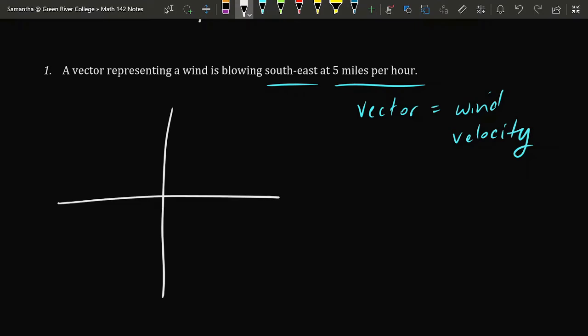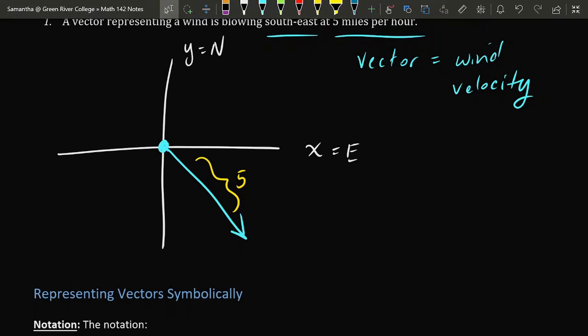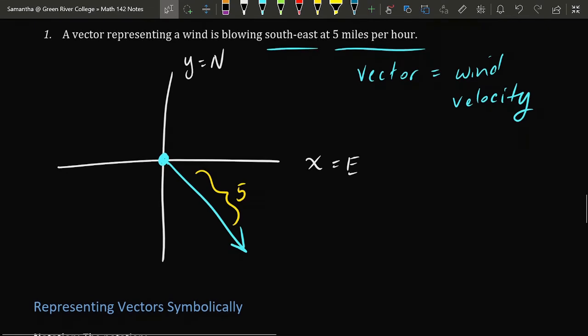So using the traditional convention that positive x is east and positive y is north, and following the tradition of drawing the arrow with its tail at the origin, I'm going to extend an arrow to the southeast, and I'm going to make that arrow 5 units long, and this will communicate a velocity of speed 5 miles per hour, direction southeast.